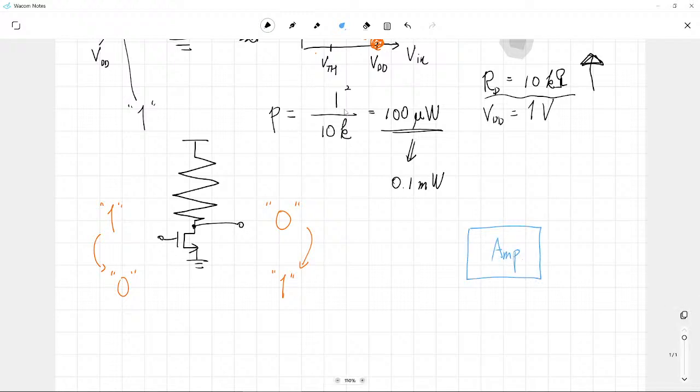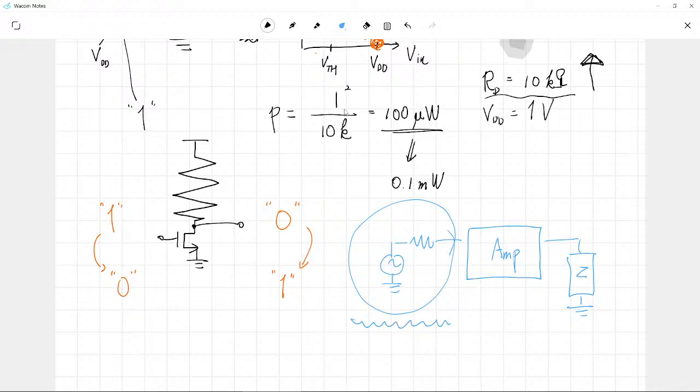However, at the source part we have to consider a certain source and introduce a certain impedance. This one represents our former stages, and this one represents our later stages. Quite similarly, here we have a single inverter stage.